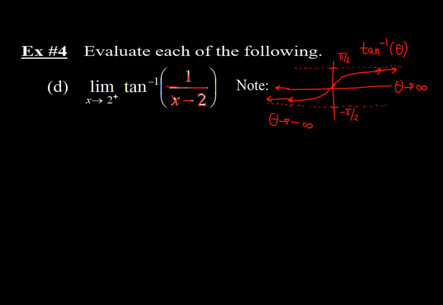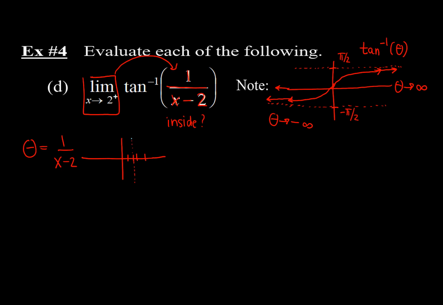So what we need to figure out is what's happening with the inside. Specifically, let's look at theta being equal to 1 over x minus 2, and then let's look at the graph of 1 over x minus 2. So 1 over x minus 2 has a vertical asymptote at 2.